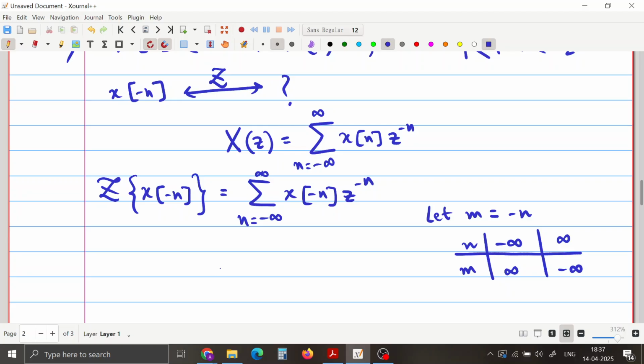So this becomes the summation, m equals plus infinity to minus infinity, of x of m times z to the power minus n, where I can replace minus n by small m.